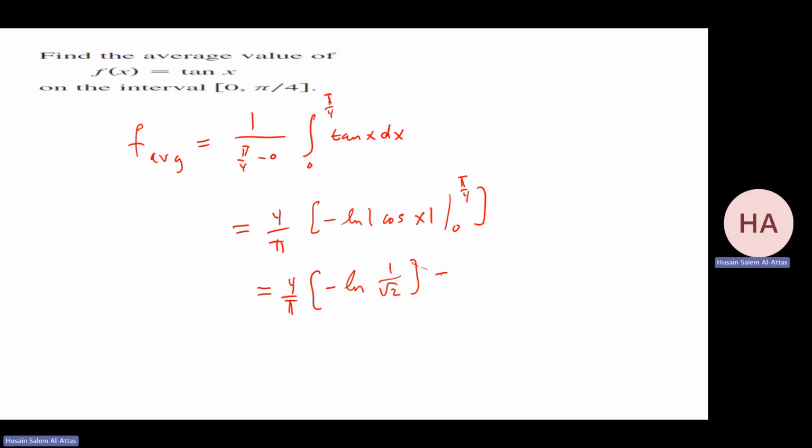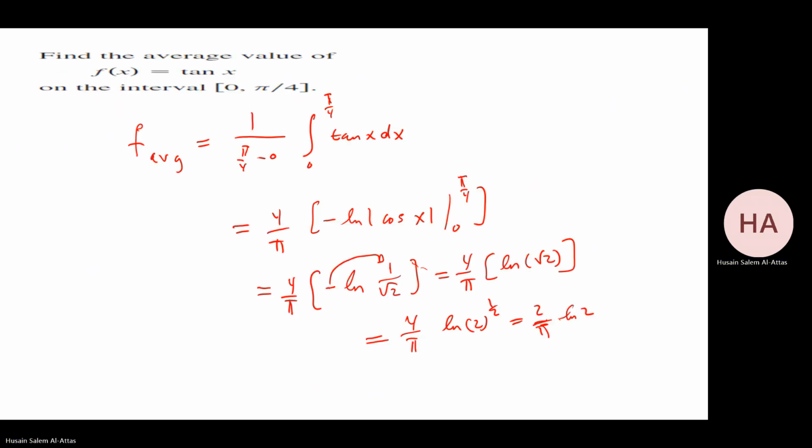So that will be 4 over pi times ln of square root of 2, taking the minus 1 as a power. That gives me 4 over pi ln of 2 to the power half, which is 2 over pi ln 2.